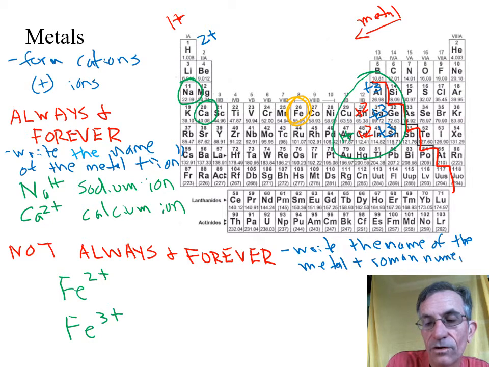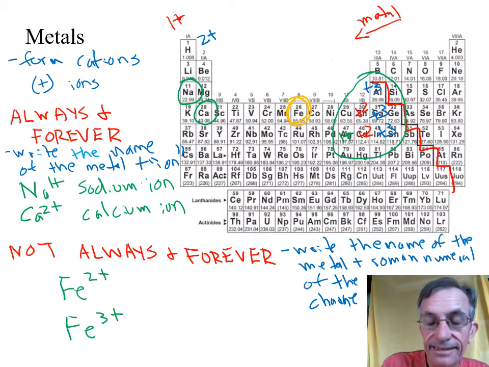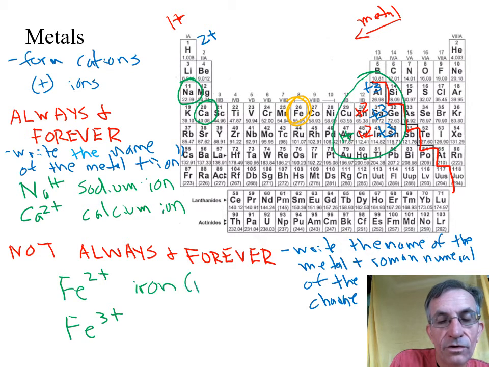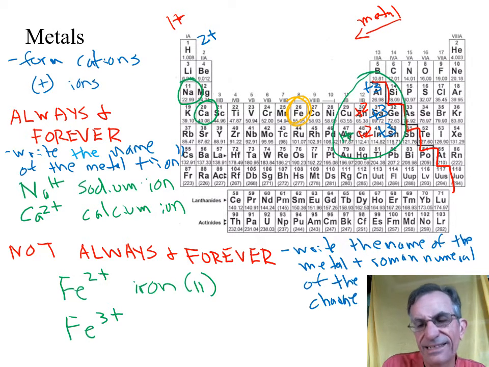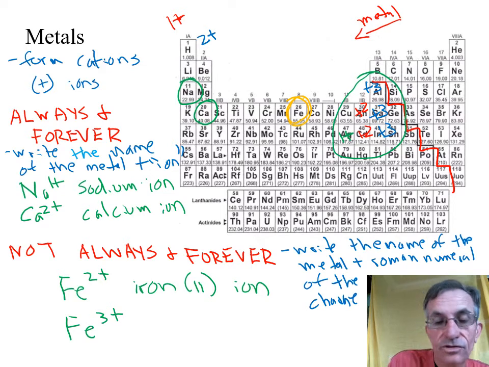So the top fella, Fe2+, don't just say iron, because I don't know which version you're talking about. It is going to be called iron Roman numeral 2. Iron 2, and you usually write the word ion as well. The iron 2 ion. The other version of iron, with a 3+ charge, is going to be called iron Roman numeral 3. Iron 3.